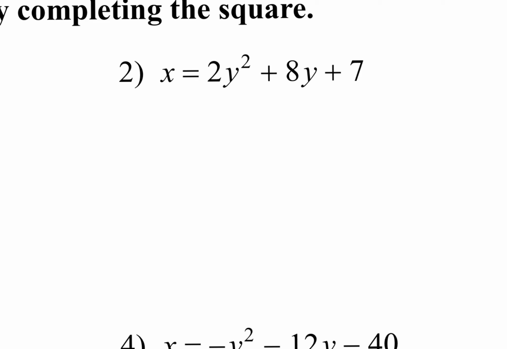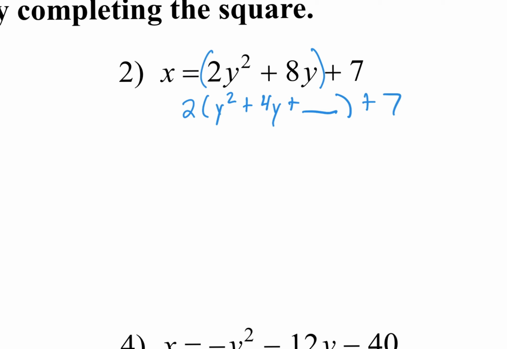So we're going to factor a 2 out of there. I'm just going to put parentheses around just those 2 values. That 7's our trailer, just coming along for the ride. So if I factor out a 2, that leaves me with y squared plus 4y. But now we know we want to complete the square, so it's plus something. And then we bring our 7 along for the ride.